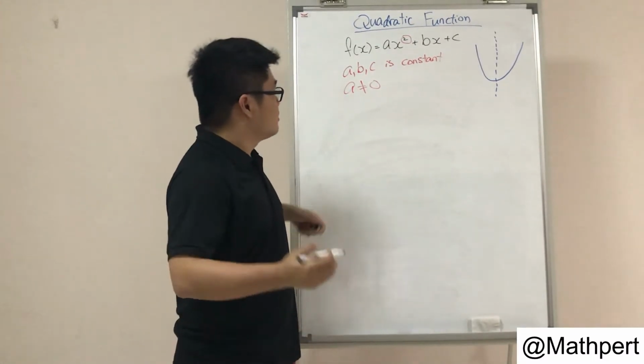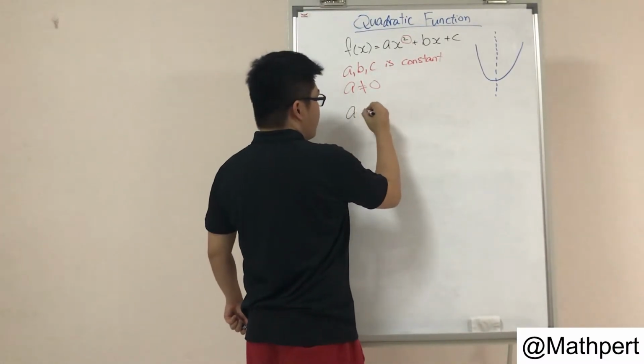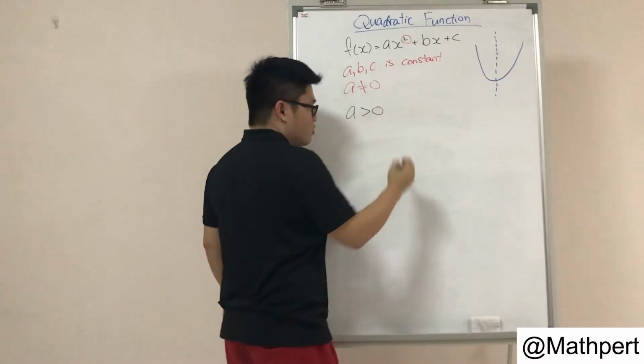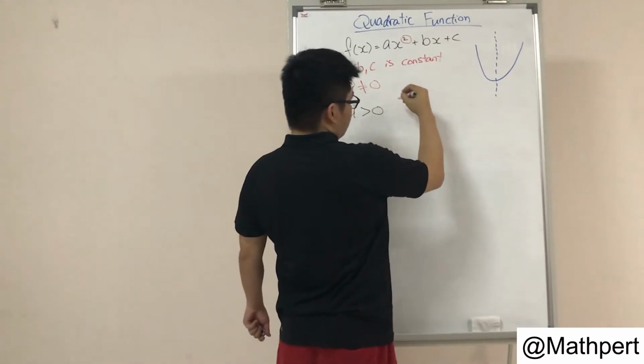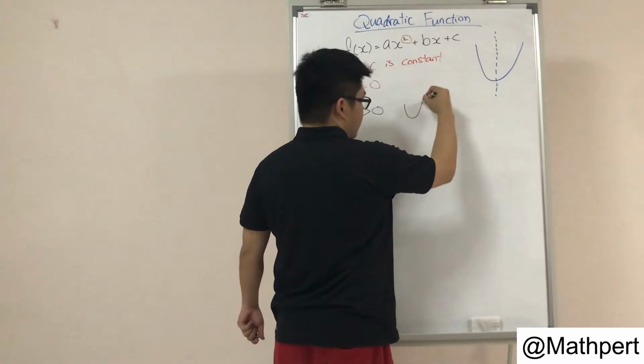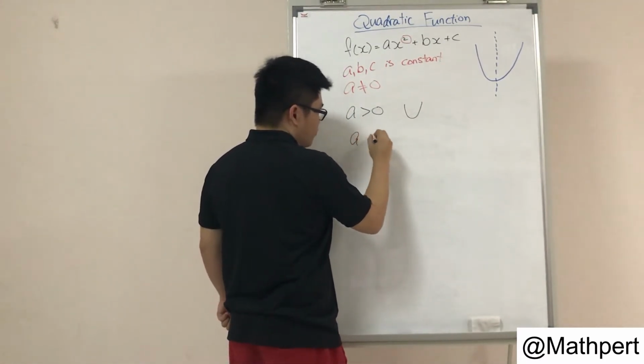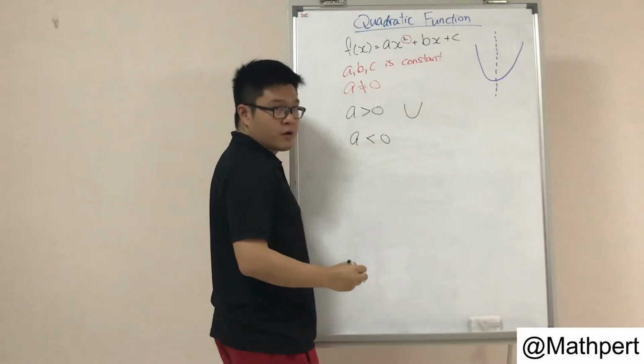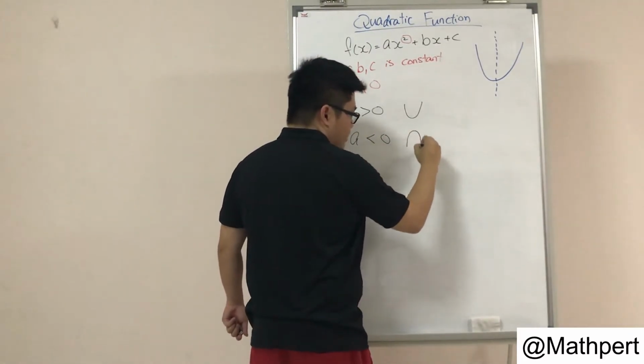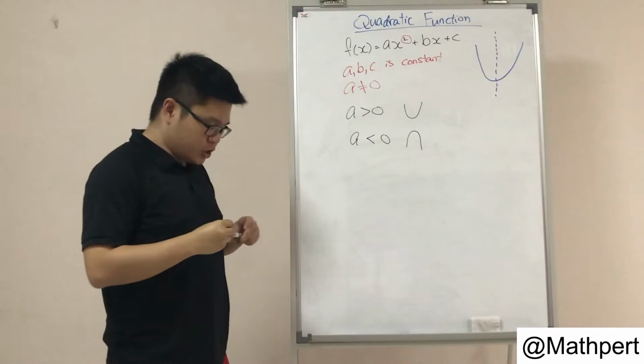And when a is larger than 0, the graph will be like this, a U shape. And when a is smaller than 0, the graph will be like this, an N shape.